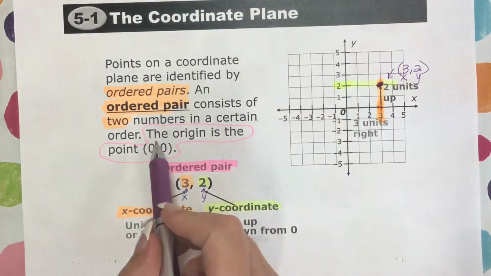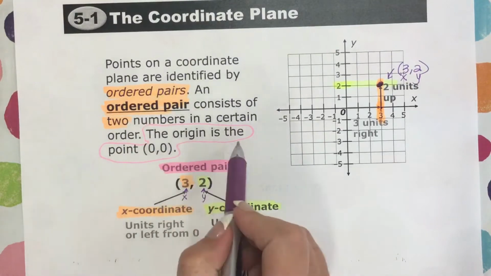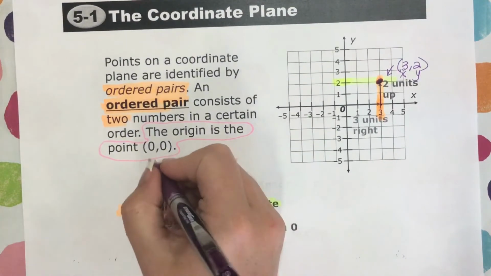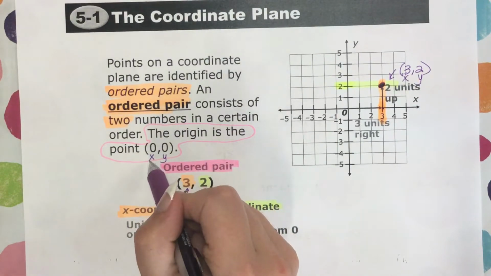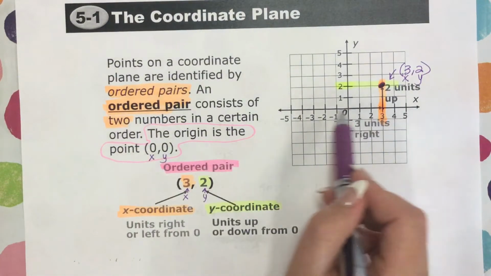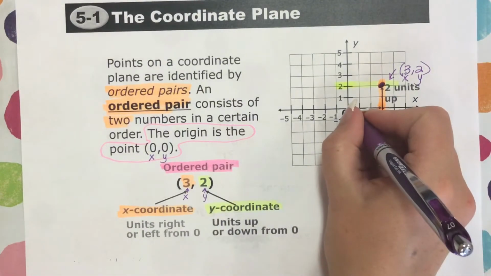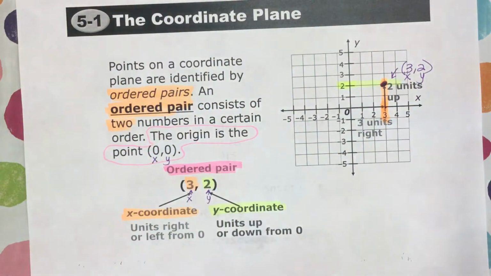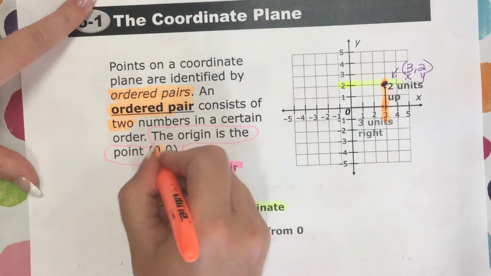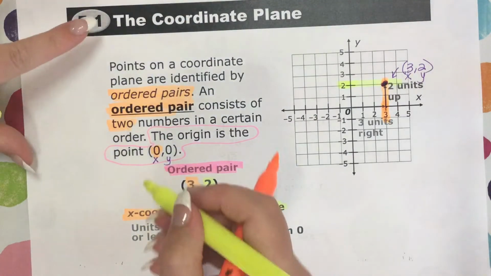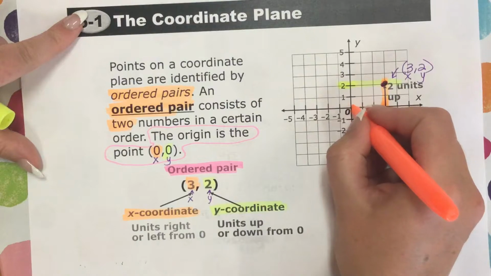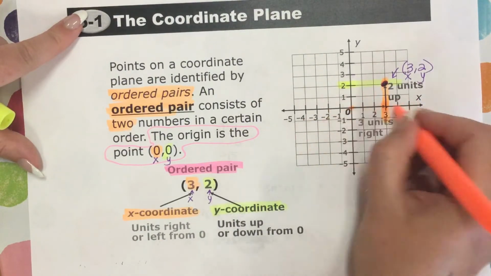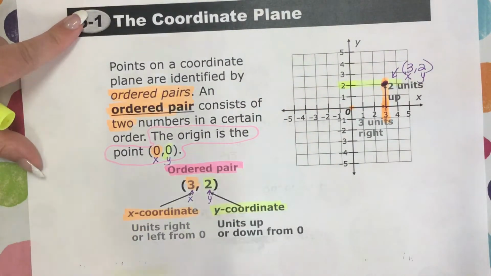All right, now I'm going to go ahead and talk about the origin. The origin is the point 0, 0. Remember, there's an order. So this is the x and this is the y. Well, where is x 0? The x-axis, 0 is right here, right? So this is the x here, and this is the y. So x is 0 right here. Well, where is the y-axis 0?